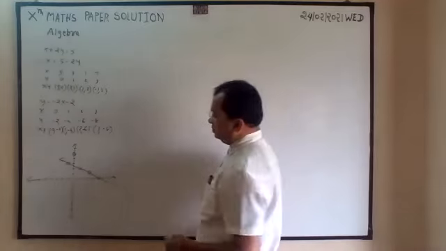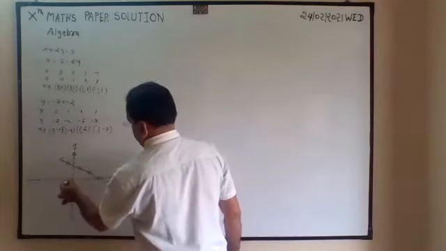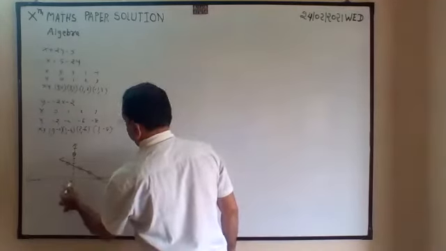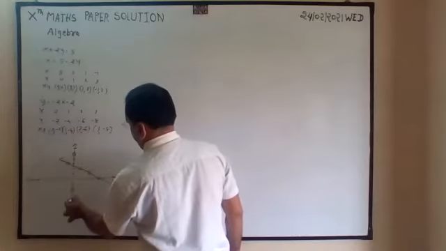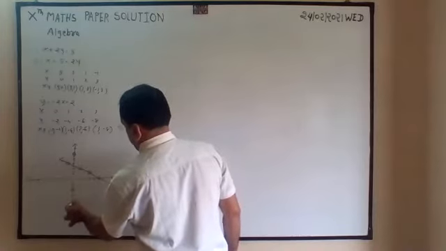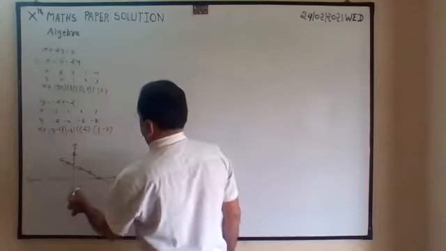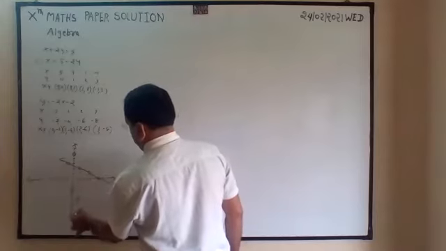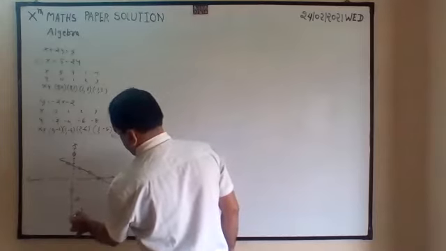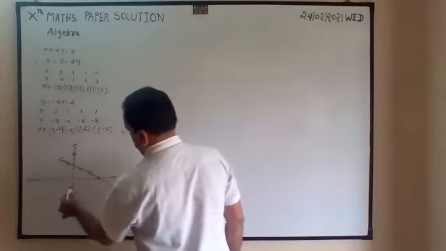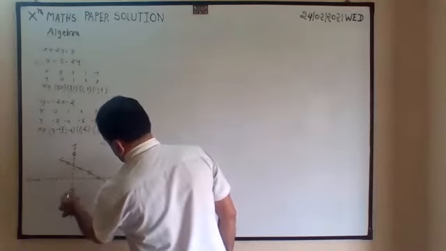Okay, now (0, minus 2), (1, minus 4), (2, minus 6). This will be like this.